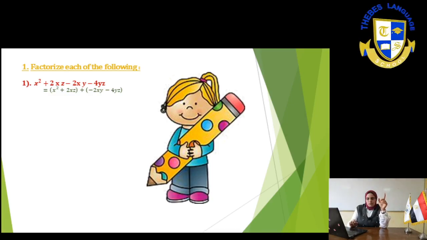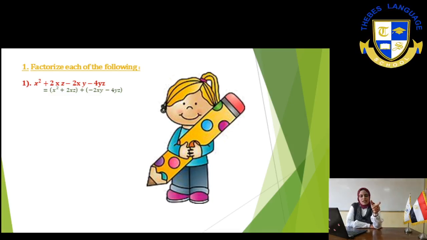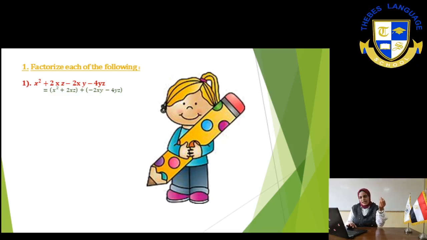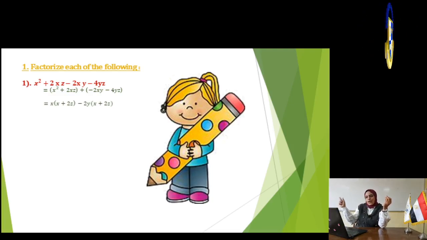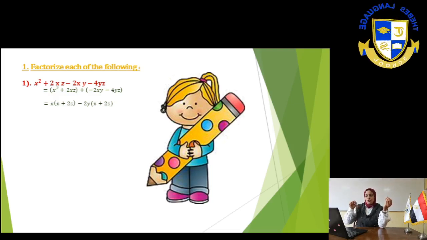Sorry, it's not multiply, it's plus. So the first bracket here, x power 2 plus 2xz. We will take x as a common factor to have x plus 2z. And from the second part, we have negative 2xy, negative 4yz.